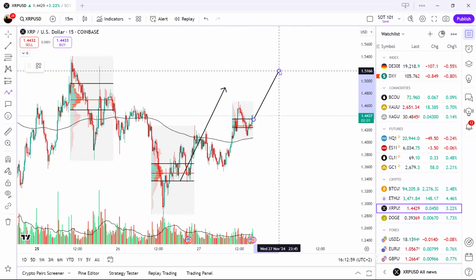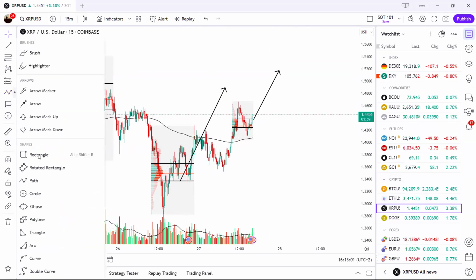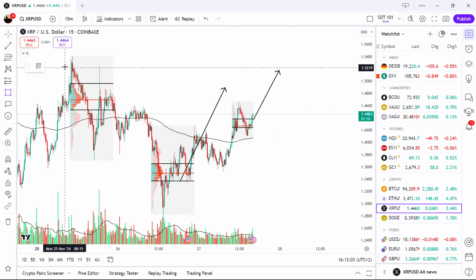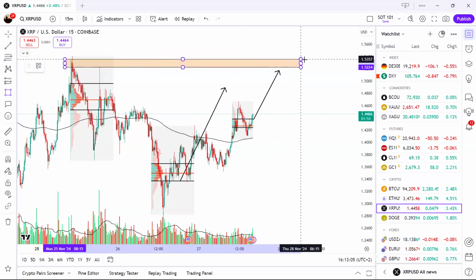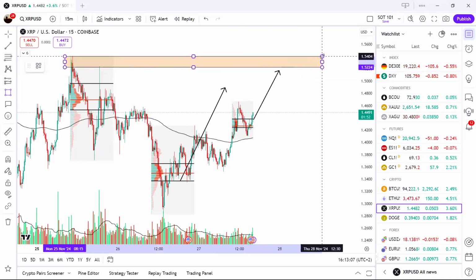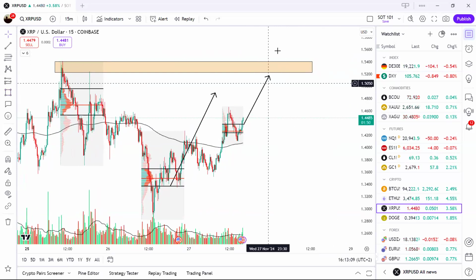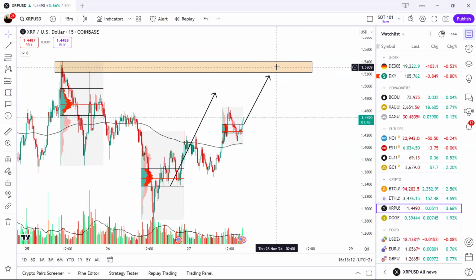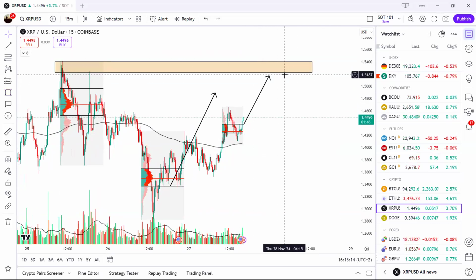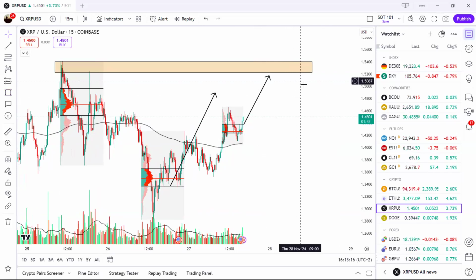So I'd like to see that continuation. Again, we might find some resistance at this price level. So I'd like to see us go test the $1.50 level up here, just above it.